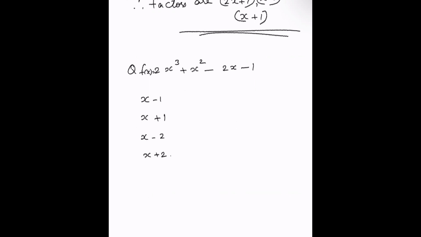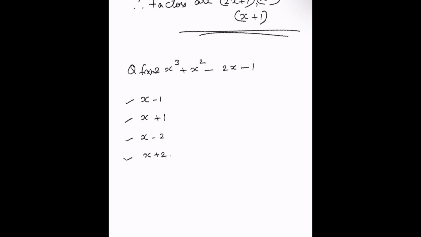At the moment, I don't know which one will give me 0, so you have to start trying from minus 1. These are all the possible things this is what they generally give in board papers, from what I have seen. Nothing beyond x minus 3, very rare chance.